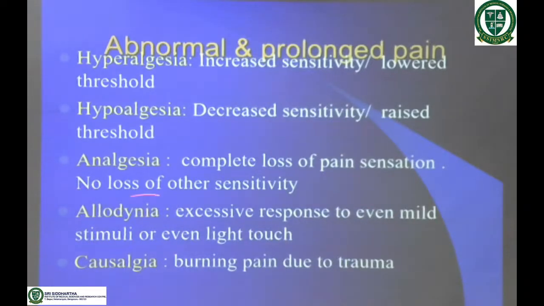Then causalgia is a burning pain due to trauma. Whenever you see trauma, like falling down, you will get it. This is abnormal or prolonged pain sensation: hyperalgesia, hypoalgesia, analgesia, allodynia, and causalgia.